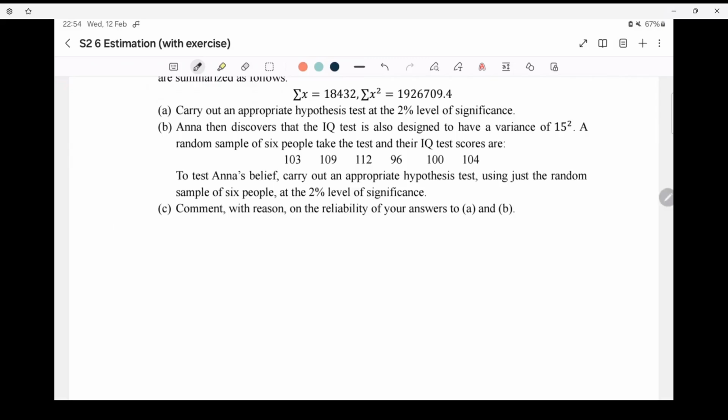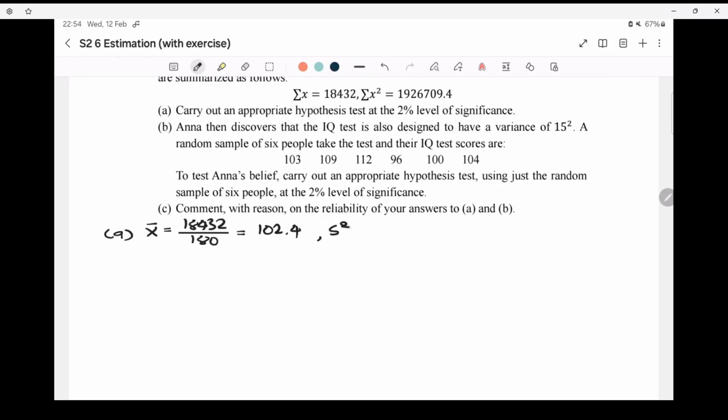So before you carry out the hypothesis testing, basically what you need to do is to find your population mean, which is 18432 divided by 180. So this will be roughly 102.4.